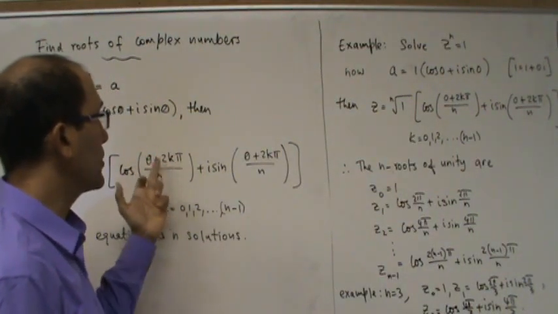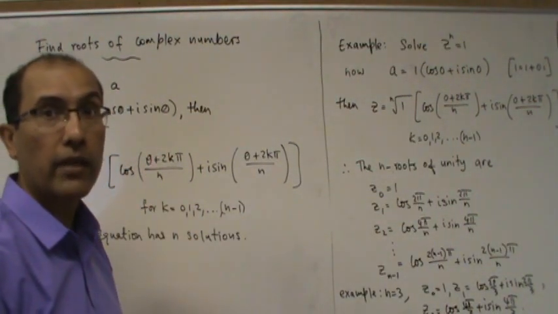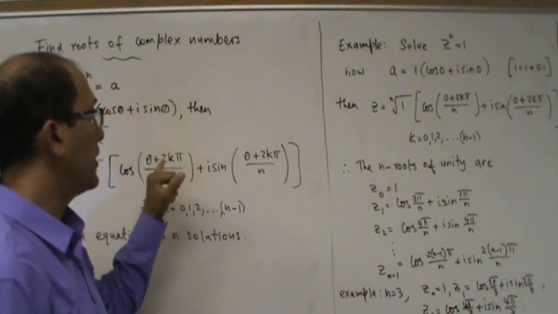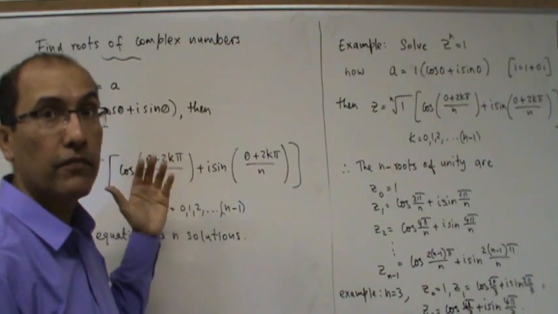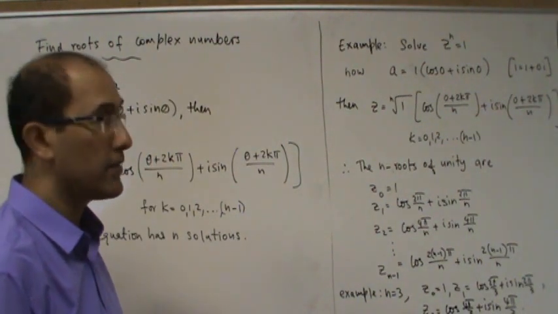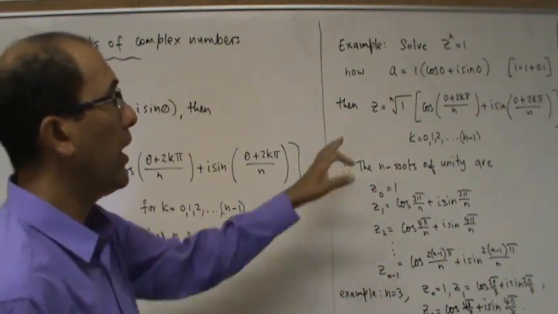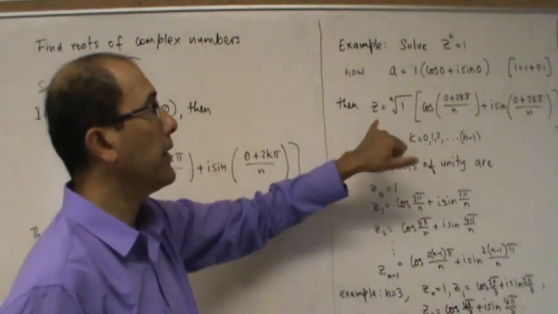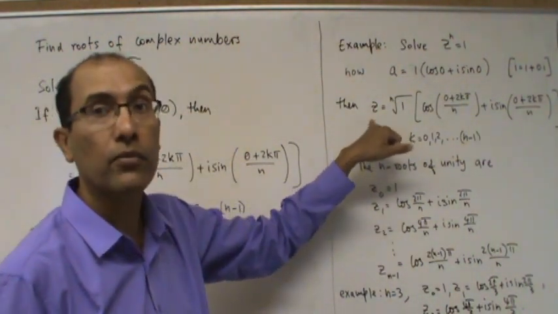If you want to use degrees, then you will have theta plus 360k. I'm using radians, so a is equal to 1 cos 0 plus i sin 0, and I want to find the nth root.